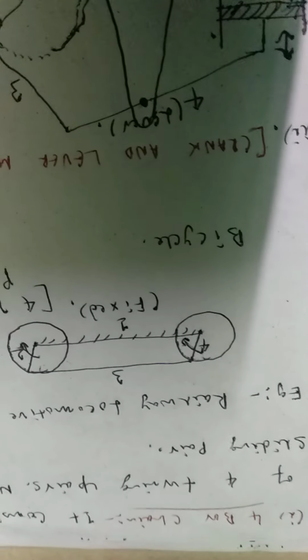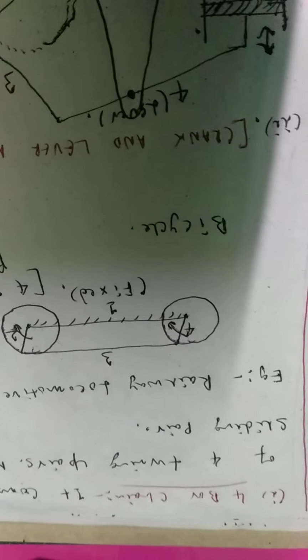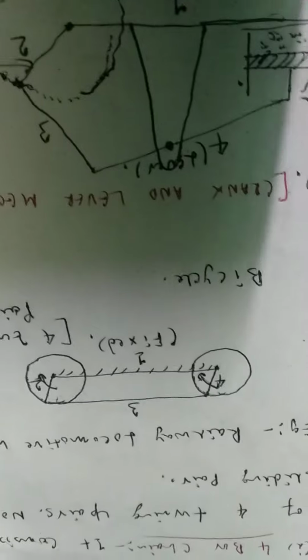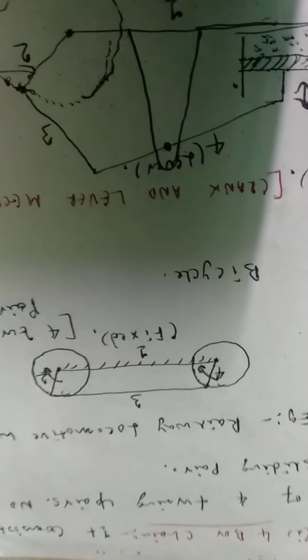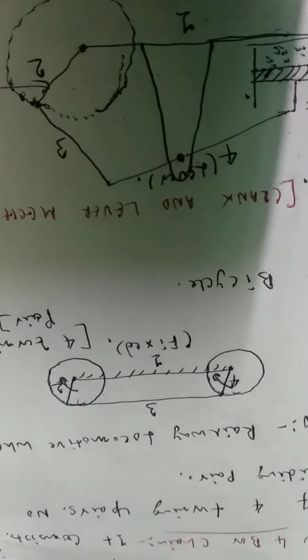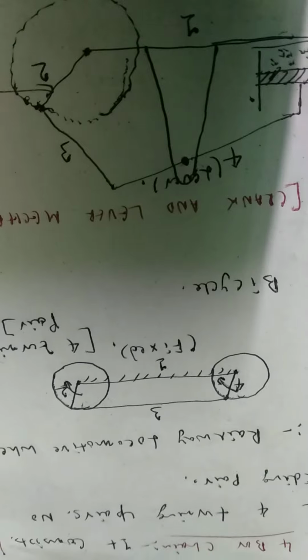The purpose of this mechanism is to convert the rotary motion into reciprocating motion. Okay, so this is an example of a crank and lever mechanism, or the beam engine mechanism.